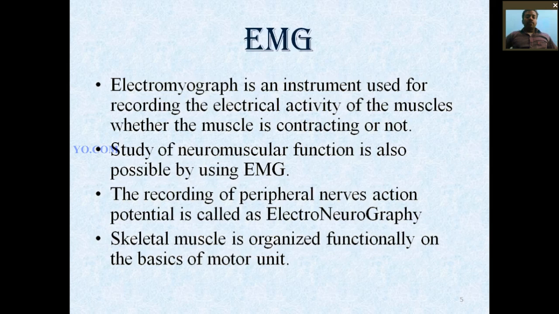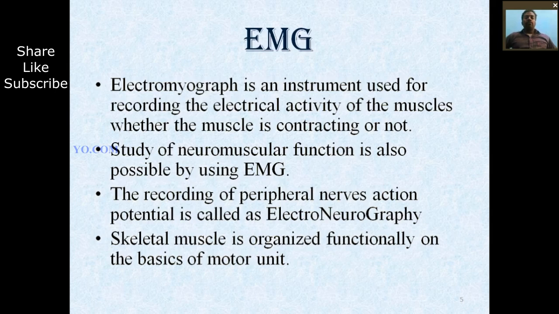Another use is that the study of neuromuscular function is also possible by EMG. Neuro means the nerve system, and muscular means the muscle activity. The study of nerve conduction and muscle activity is possible using the electromyograph.